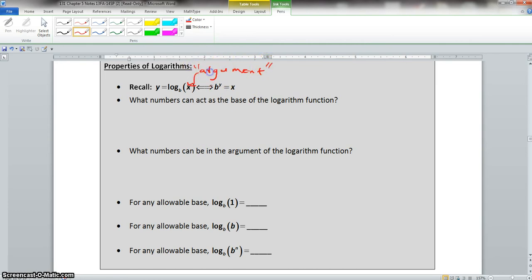Okay, so now, what numbers can act as the base of the logarithm function? Now, first of all, your base has to be greater than 0. So that's any positive number.